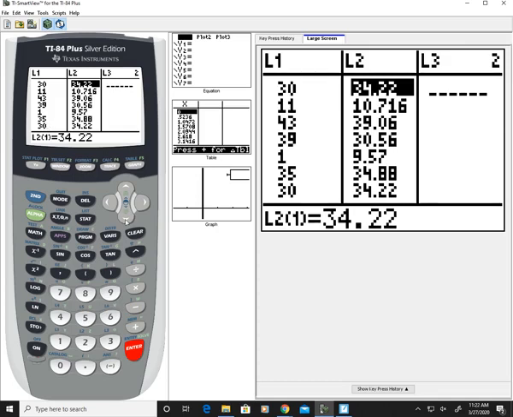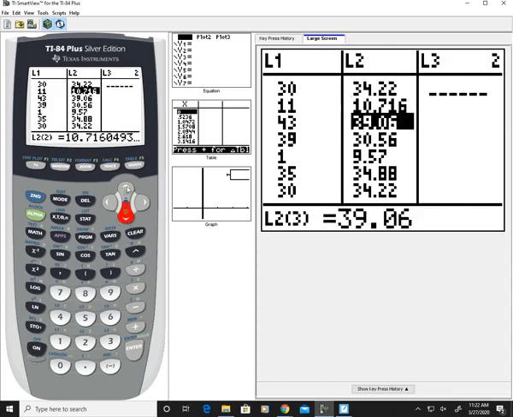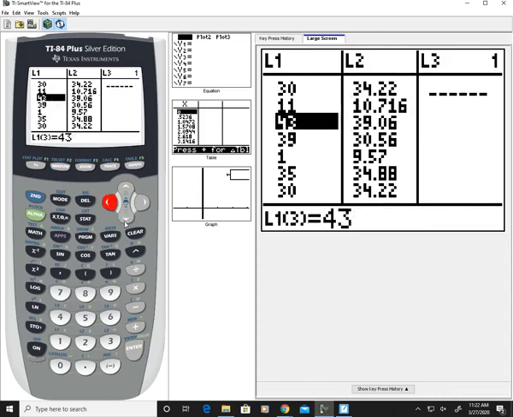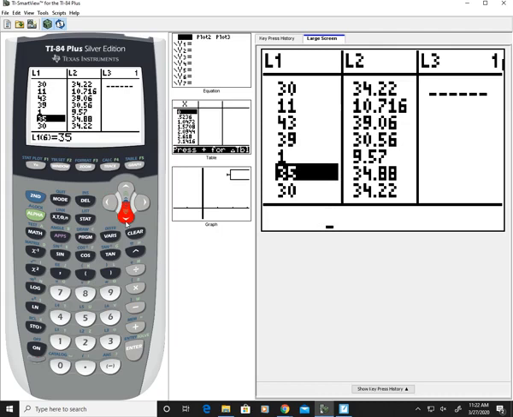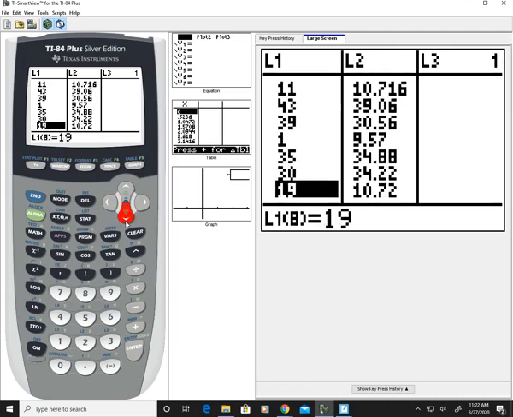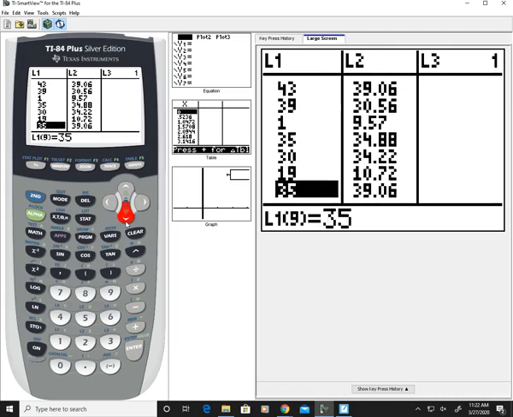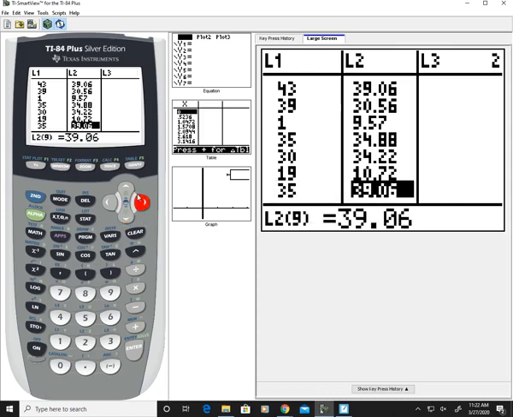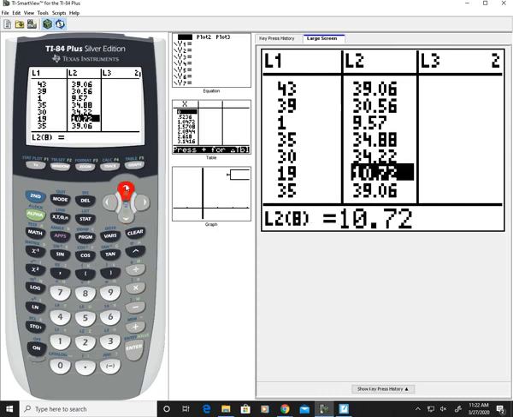If I go down, you can see that I've entered the Italian of 30, 19, 35. And then I have already entered these numbers, which I got from matrix B.